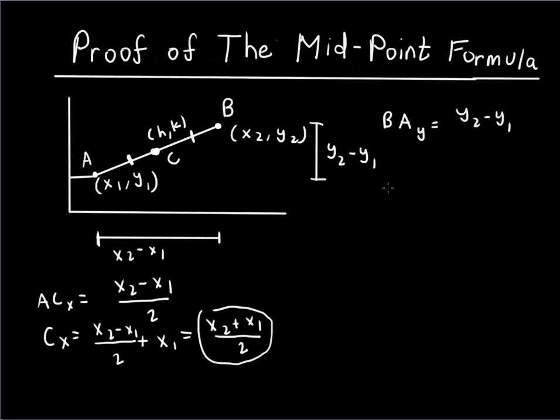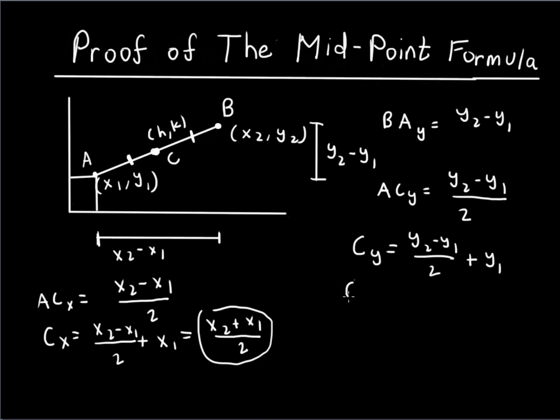Using the same logic, we can say that AC along the y-axis is equal to y2 minus y1 over 2, because it is halfway in between A and B, so we divide it by half. And then we can't forget that there's also a y value from the x-axis to A, and that's equal to y1. So Cy would be equal to y2 minus y1 over 2 plus y1.